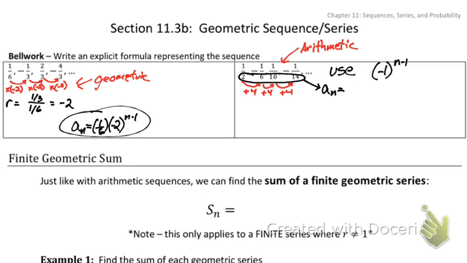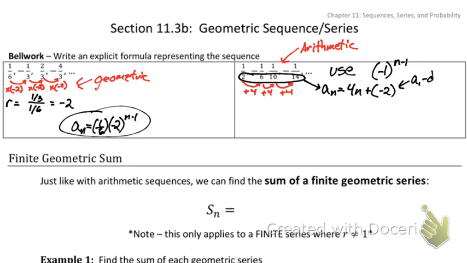My common difference is 4 times n, and it's plus my first term minus my common difference. So that's going to be 2 minus 4, which is a -2. Once again, that -2 comes from my first term minus my common difference. So that's just 4n minus 2.